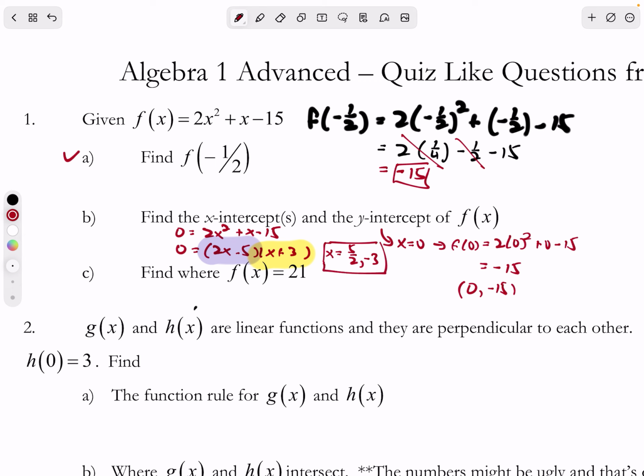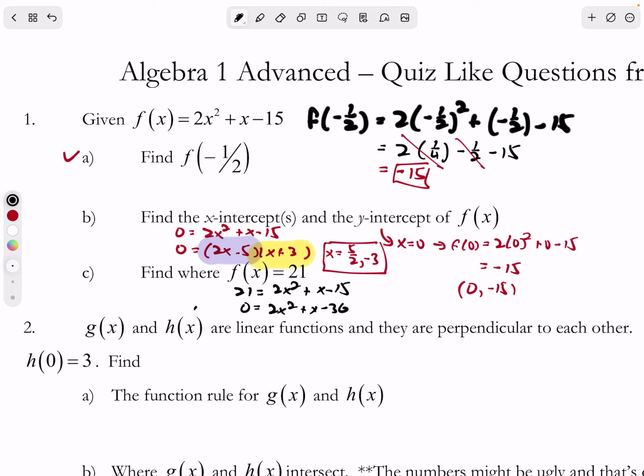And then find where f of x equals 21. That means find the value of x that makes the function equal to 21. So let's do 21 equals 2x squared plus x minus 15. It's a quadratic. It needs to be equal to 0, most likely, before we can solve it. So I subtract 21 from both sides.